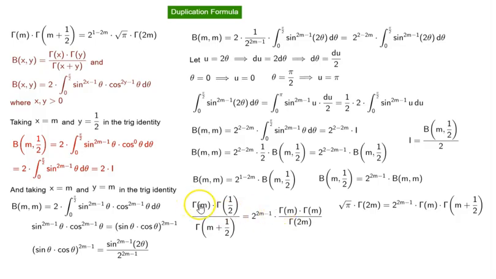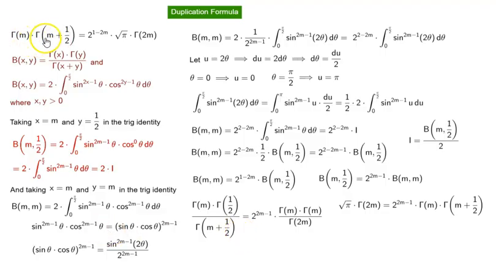We can cancel because they are not equal to 0. So we have root pi times gamma of 2m, cross multiplying, is equal to 2 to the power of 2m minus 1 times gamma of m times gamma of m plus half. So we have substituted the value of gamma of 1 by 2 and we have done the cross multiplication.